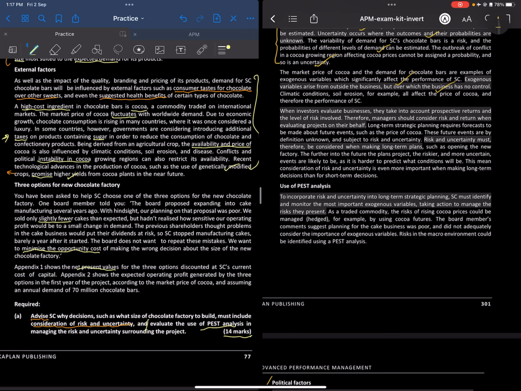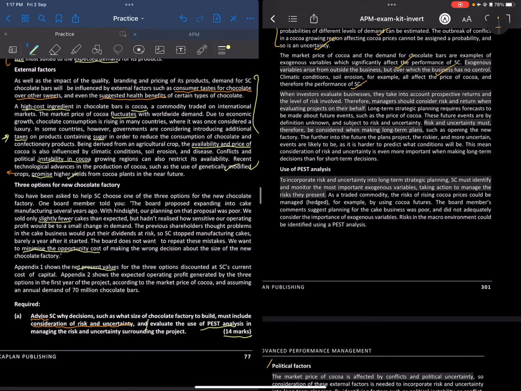Climate conditions and soil erosion all affect the price of cocoa, and therefore the performance of SC. When investors evaluate a business, they take into account prospective returns and the level of risks associated. Managers should consider risks and return when evaluating projects on their behalf. Long-term strategic planning requires forecasts to be made about future events such as the price of cocoa.